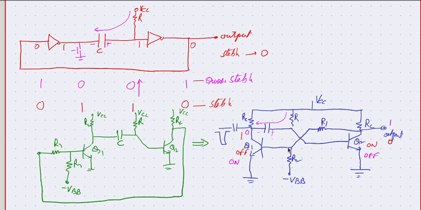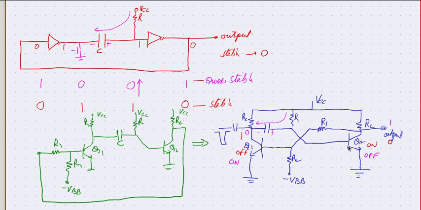Now, why do you require this circuit? It was to ensure that the transistor goes into cutoff. On this side, we don't require a negative supply pulling it down, because the capacitor is there to give a negative voltage. Whenever we apply a negative pulse here, this voltage suddenly drops.